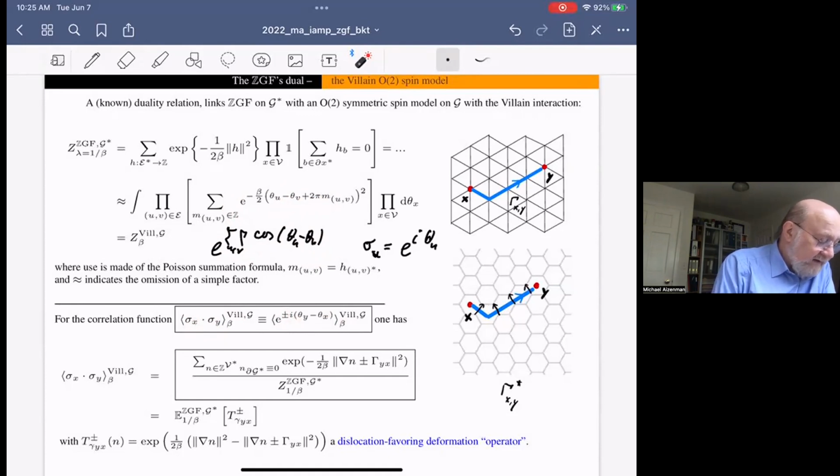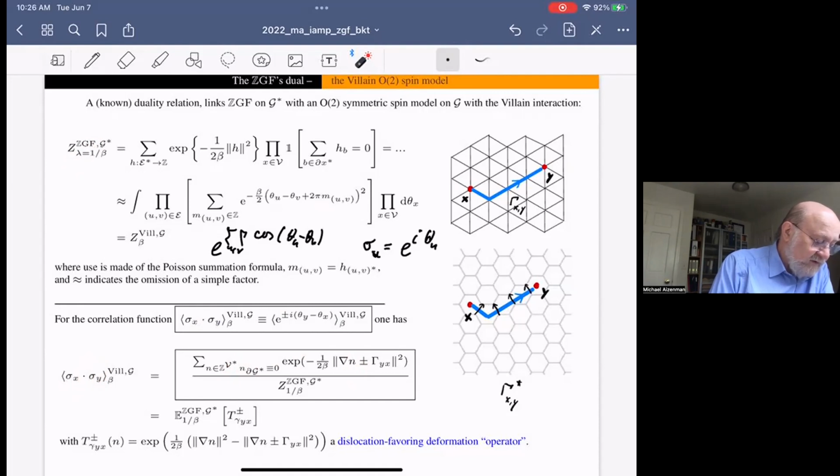The duality relation by which the random field, so the integer valued Gaussian field, is related to the Villain model, under that relation, you may ask, what is the expression in terms of the random field of the spin-spin correlation function? And what emerges is actually this beautiful formula. That's not new, that's well known.